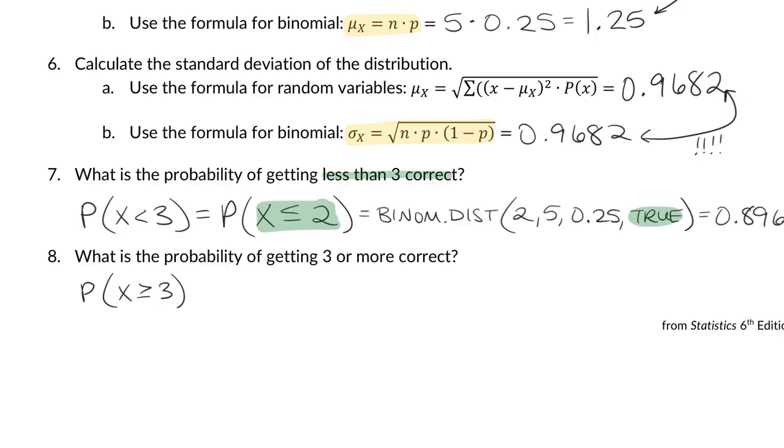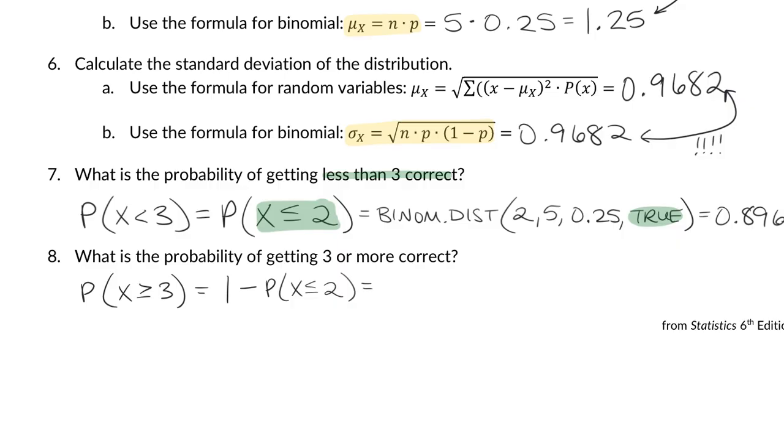But if I want something that's bigger than, and I can only calculate less than, we're going to use complementary probability of 1 minus something to go greater. And if we want things to be greater than or equal to 3, that means we don't want them to be less than or equal to 2. So we can do 1 minus that probability that x is less than or equal to 2 to find things that are greater than or equal to 3.